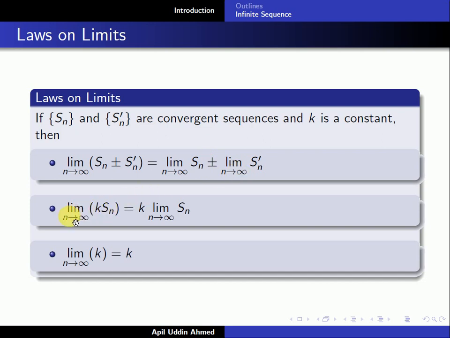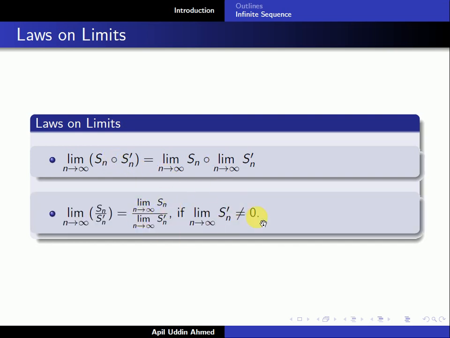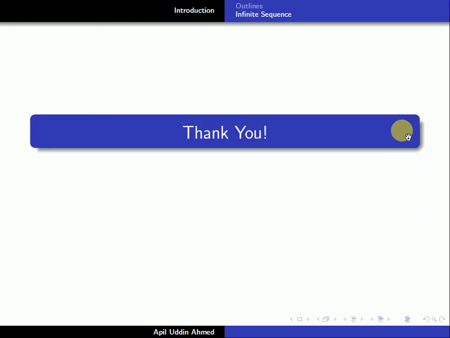Suppose k is a constant, then limit n tends to infinity of k Sn equals k times limit n tends to infinity of Sn. And here we consider a constant sequence, that means a sequence in which all terms are equal to k, and if we take this limit, then this value will be k. This is another property of limits. So thank you.